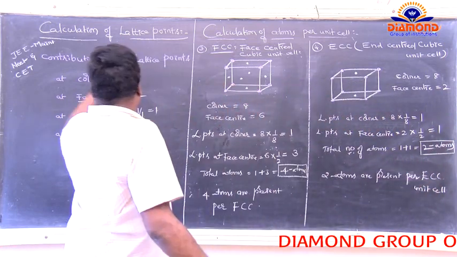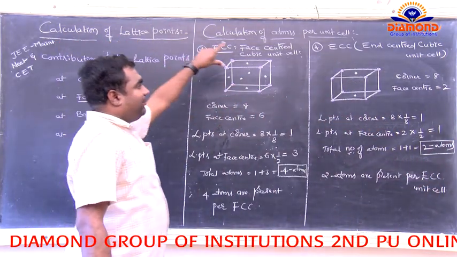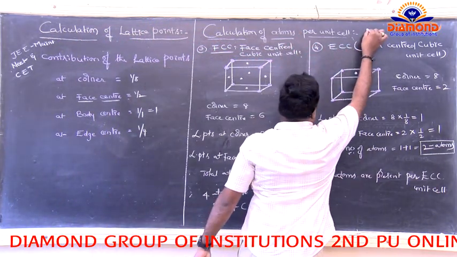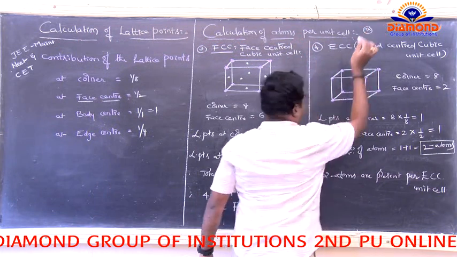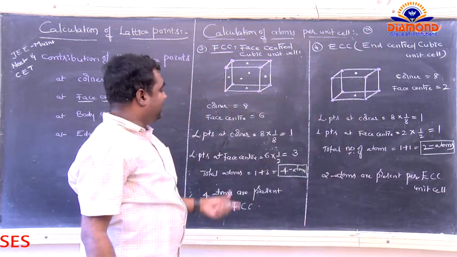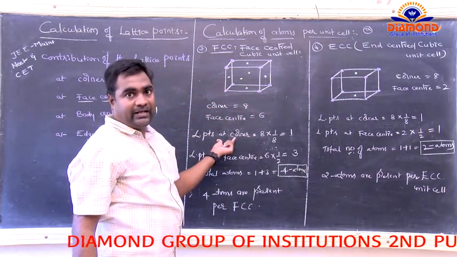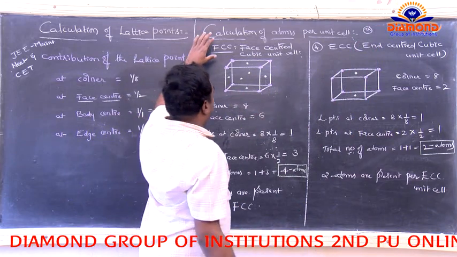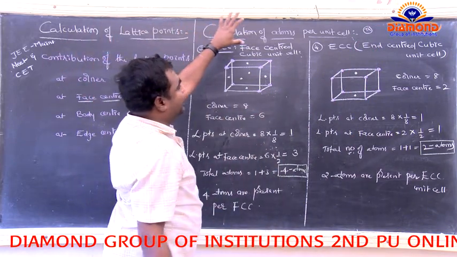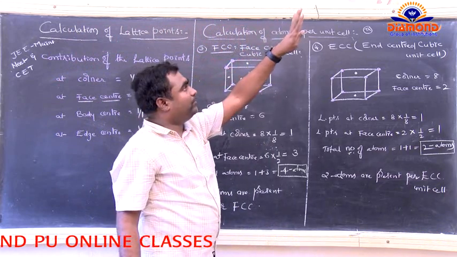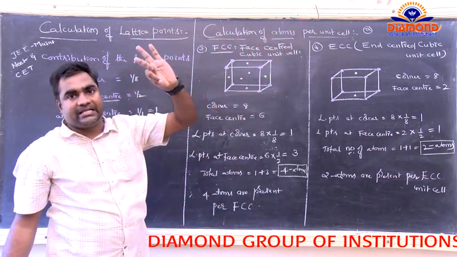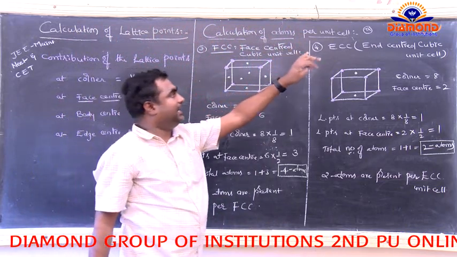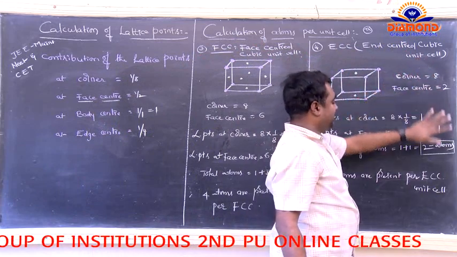It is the calculation of lattice points. It is very important for the theory. So the calculation of lattice points for simple cube, next for BCC, next for FCC, next for end-centered cubic unit cell.